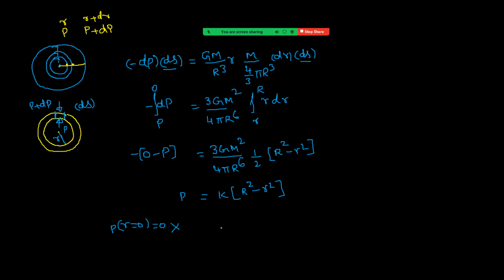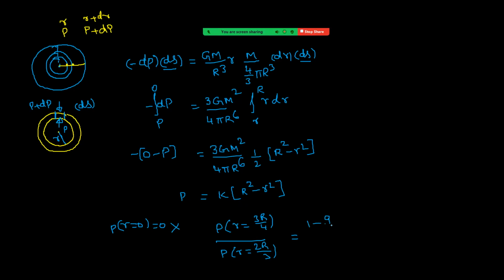Okay. And if you see the second option, given pressure when R equal to 3R by 4 and pressure when R equal to 2R by 3. Then see how much we got. Ratio, K gets cancelled. Remaining R square minus. This is now 9 minus 16.